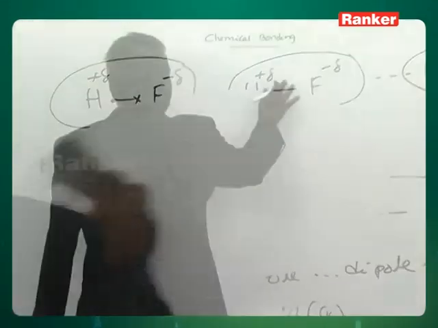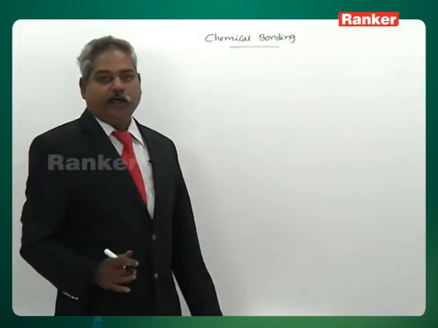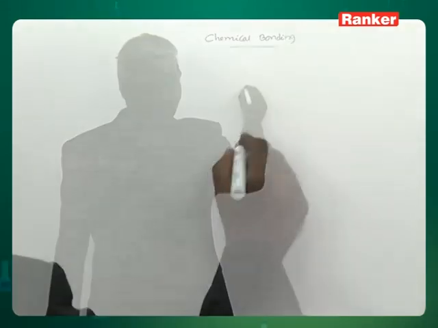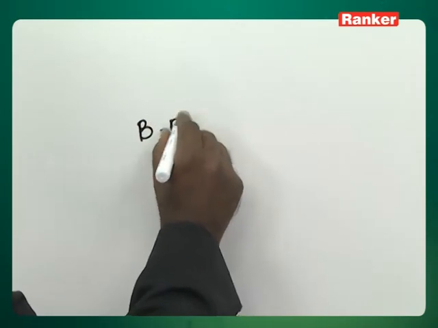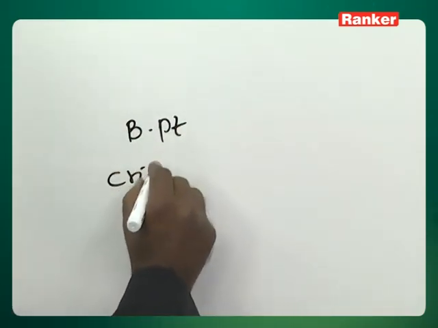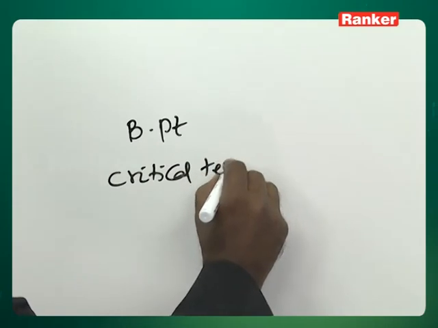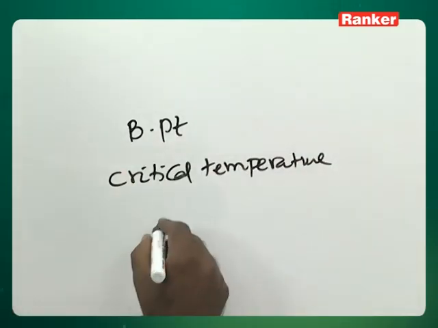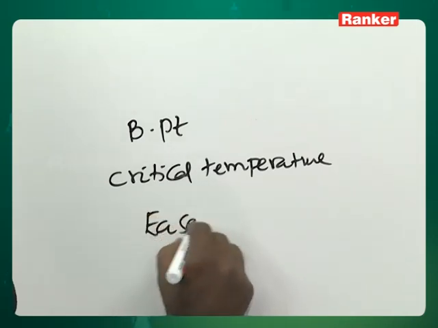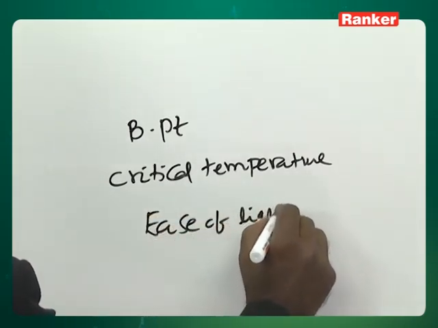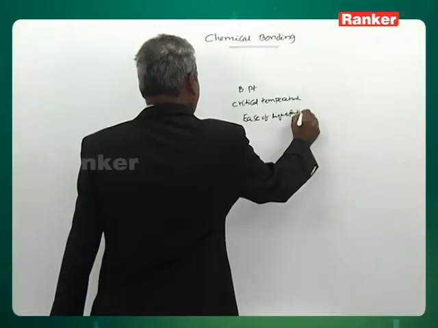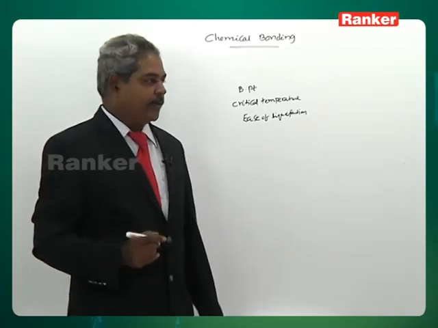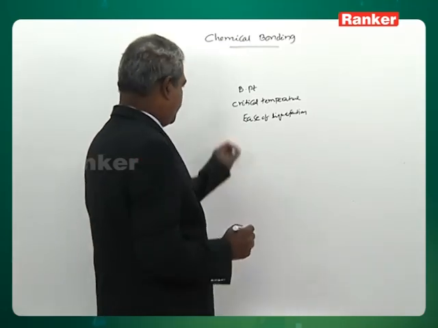Now, how to decide boiling points of all substances? There are so many factors like boiling point, critical temperature, which you learn in different topics, ease of liquefaction, how easily you can liquefy something, ease of adsorption.